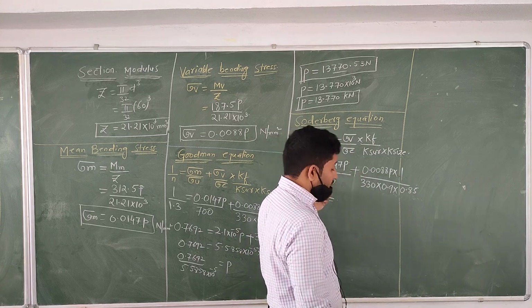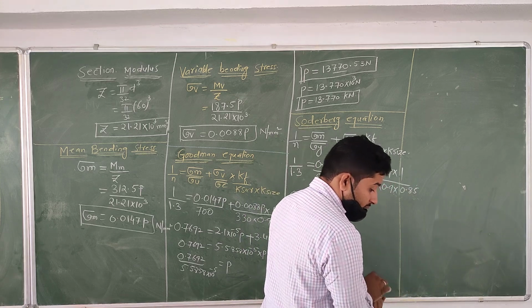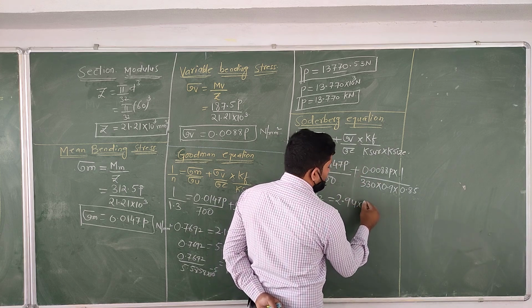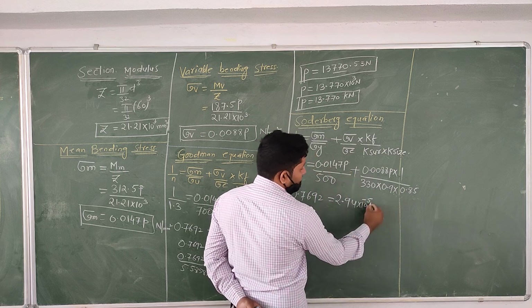Okay, so if you calculate with the help of calci, 0.0147 by 500, then you will get the value 2.94 into 10 power of minus 5 P as it is.